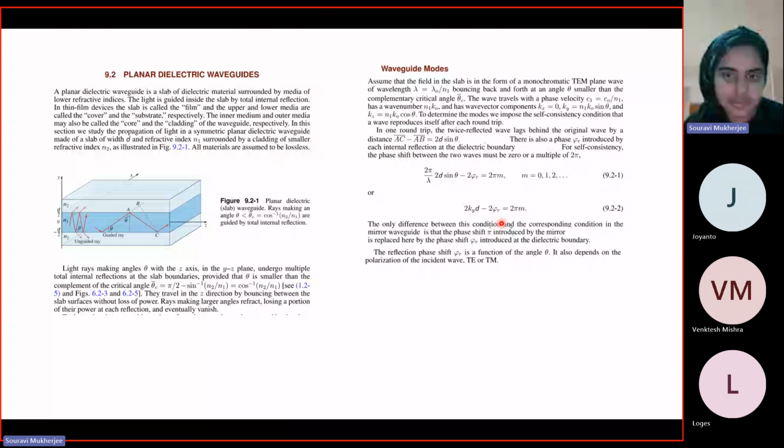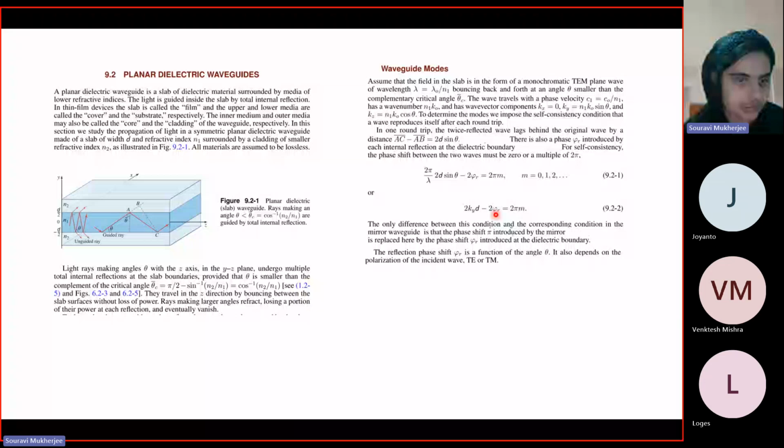So this phase change depends on all these factors because now you are talking about multiple reflections in stacked dielectric media. Okay. So let us first recall our concepts of reflection and refraction when you have an interface.